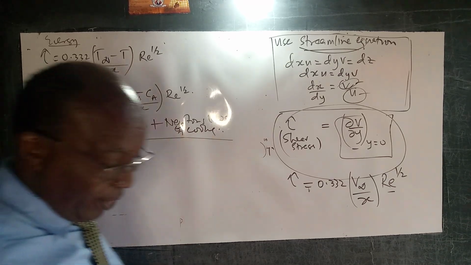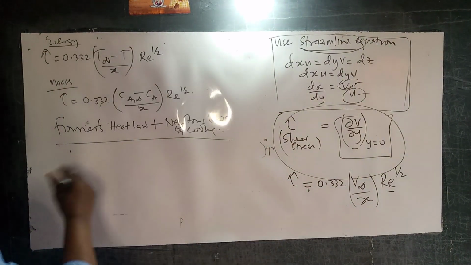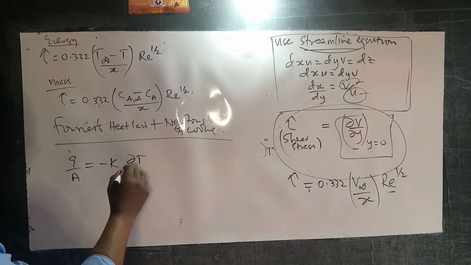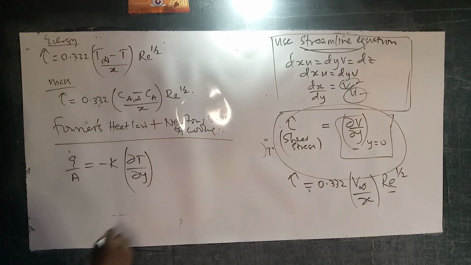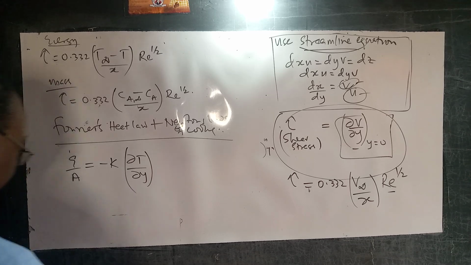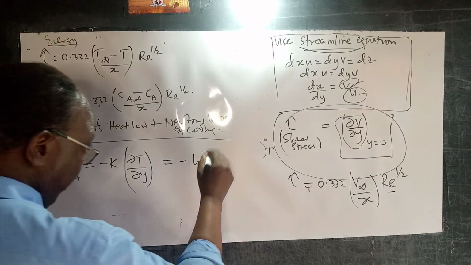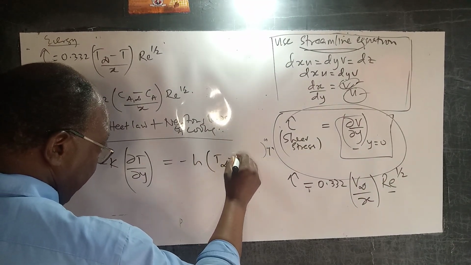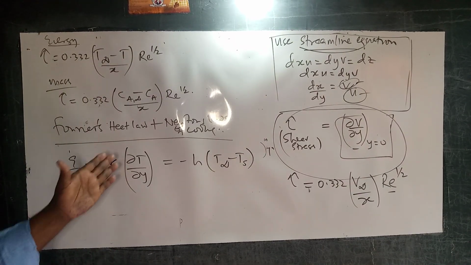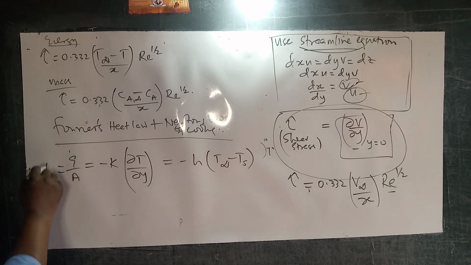We have worked quite extensively with these expressions, and you are familiar with them: Q over A is minus K del T del Y, and this is minus h times T infinity minus Ts. Remember, we just remove the area of flow.